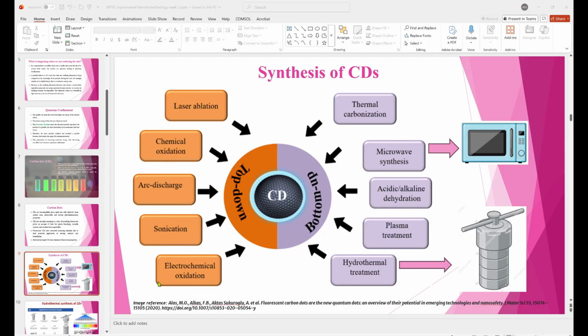For whatever material you are using for synthesizing carbon dots, you make a solution of it, and pour the solution in water. If you are using a green synthesis method, suppose you're synthesizing carbon dots from leaf, you wash the leaf very nicely, put it inside this reactor and pour a little bit of milky water.